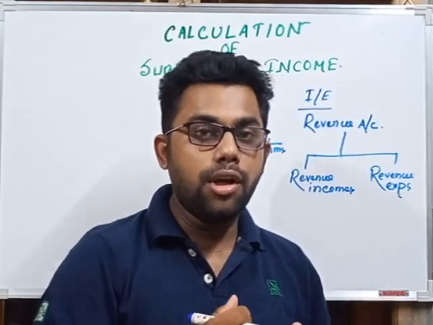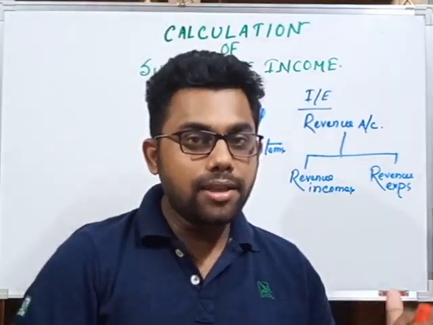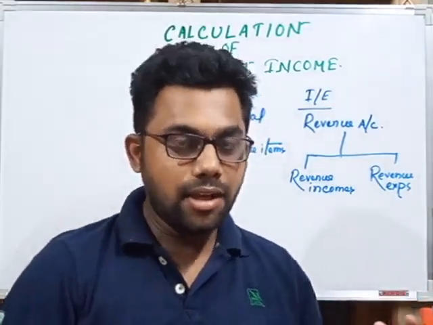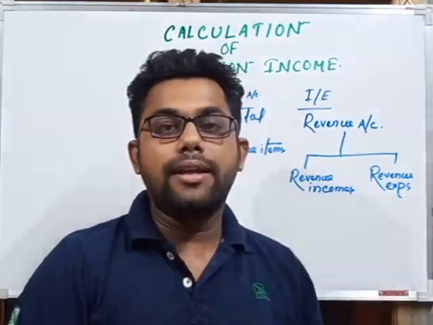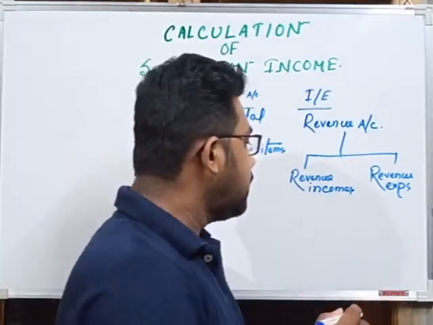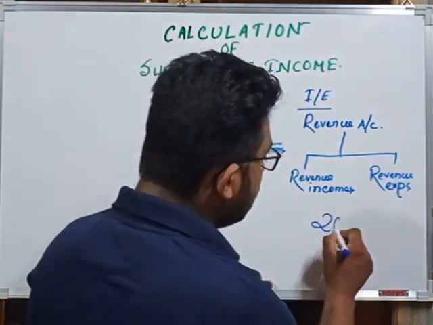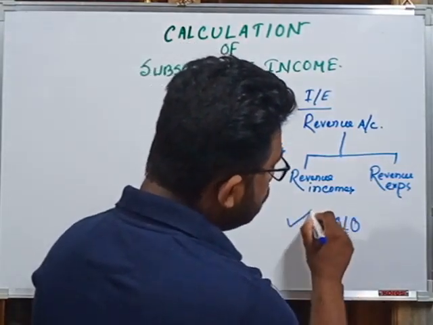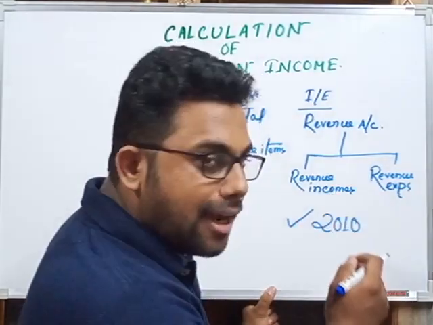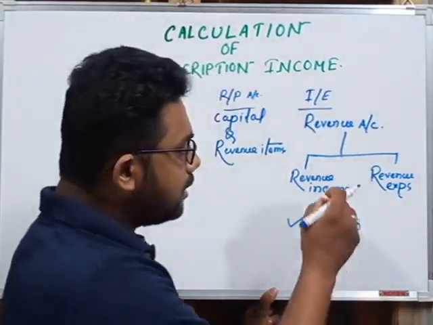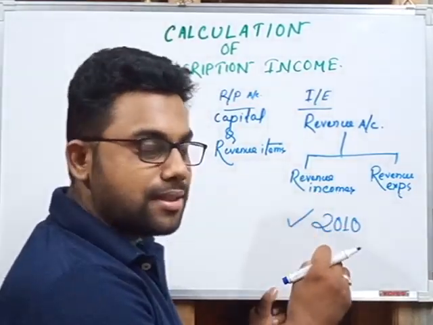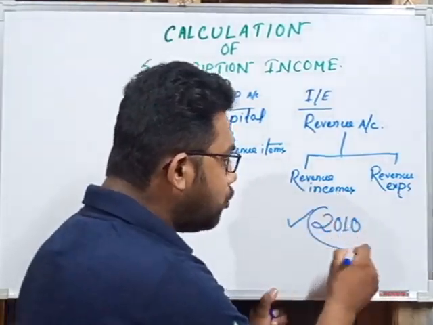What do you mean by the current accounting year? The current accounting year means the year for which we are preparing the income and expenditure account. If it is prepared for 2010, our current year is 2010, and in our income and expenditure account only the revenue incomes and revenue expenses for 2010 will be included.